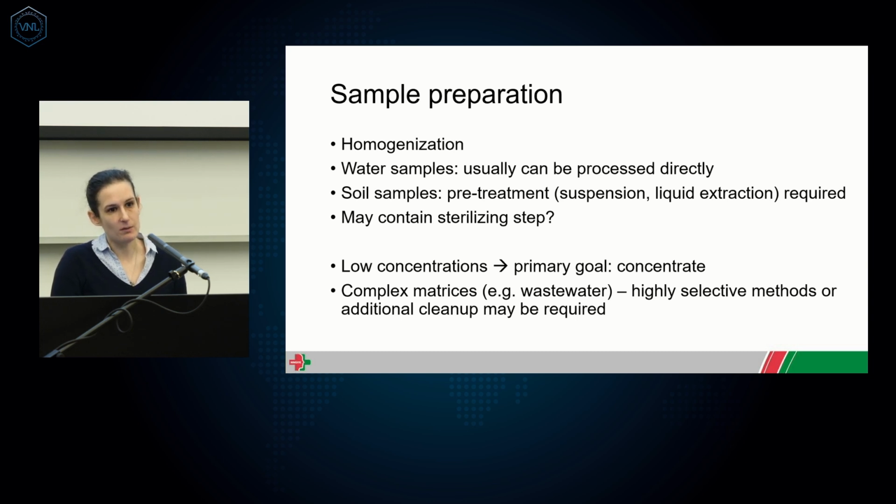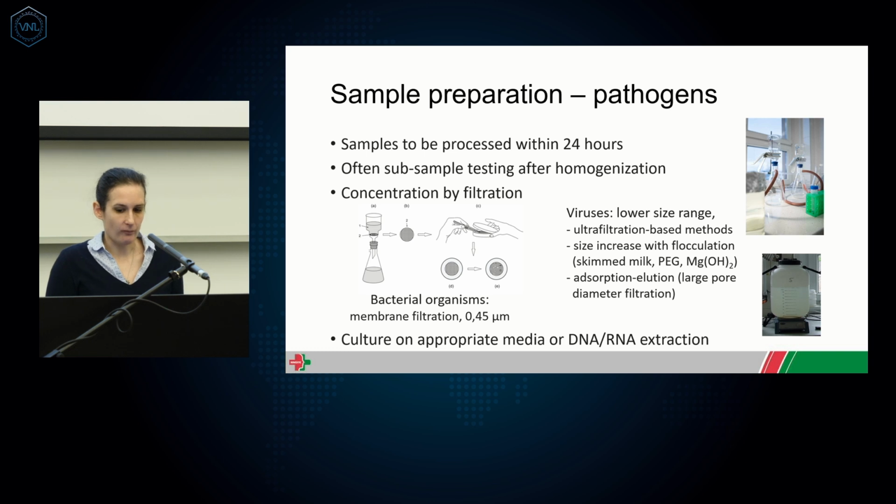So we may need some sample cleanup as well, or highly selective methods. Samples collected for microbial analysis usually have to be processed within a day, and usually a subsample is tested after homogenization. And concentration is done by filtration.